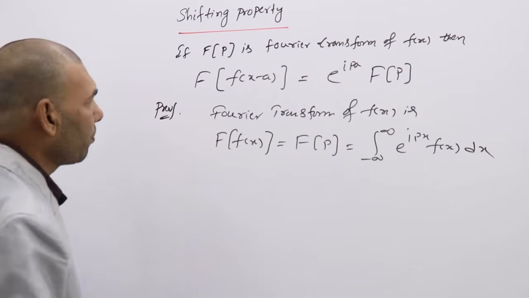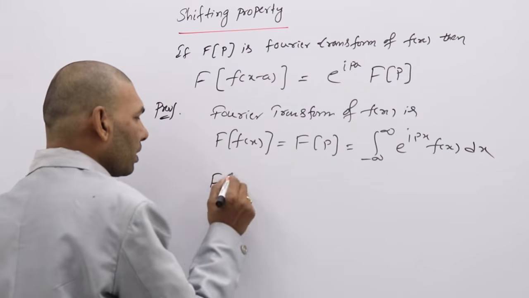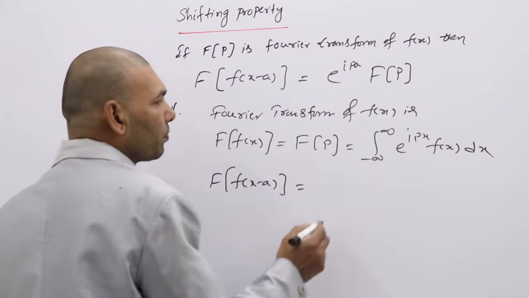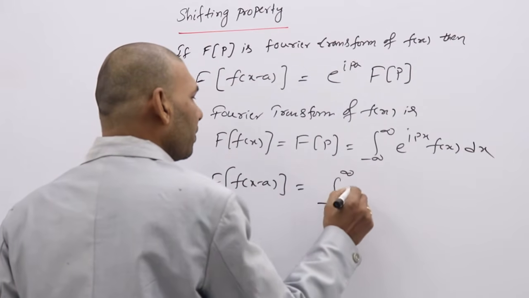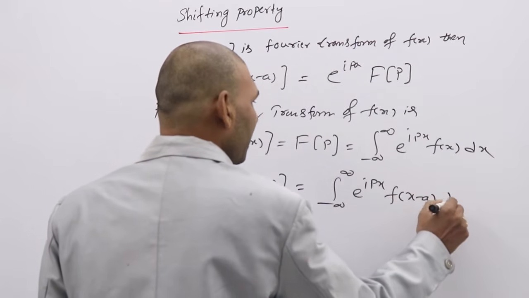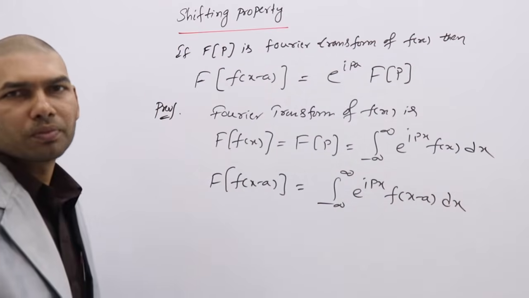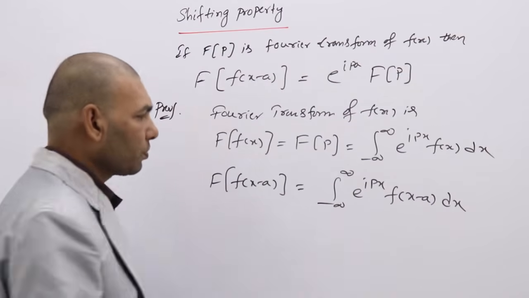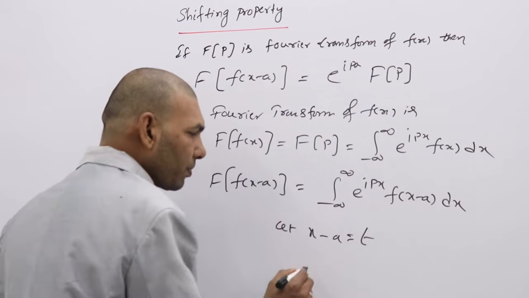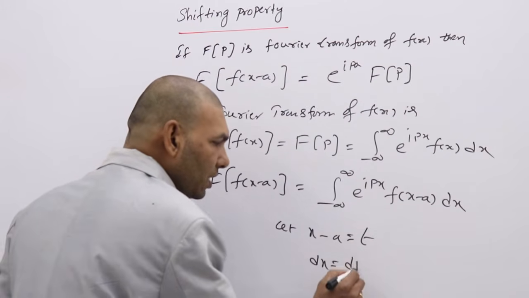But what we need to find is this value: capital F of f of x minus a equals the integral from minus infinity to infinity e power ipx into f of x minus a dx. To get this form, we take x minus a as t. So differentiation of x is dt.